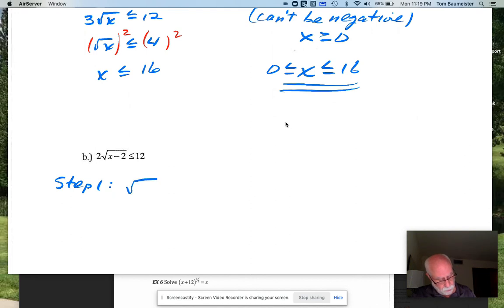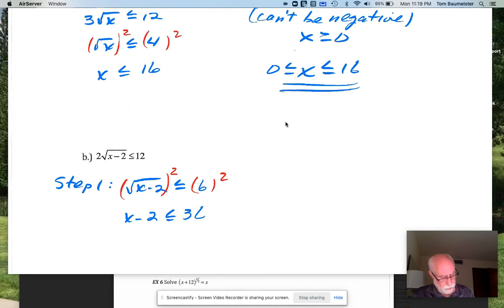So then we'll have that the square root of x minus 2 is less than or equal to 6. Again, to undo a square root, we're going to square both sides. If that's the case, then we will get x minus 2 is less than or equal to 36. Now we're going to add 2. So we'll get that x is less than or equal to 38.